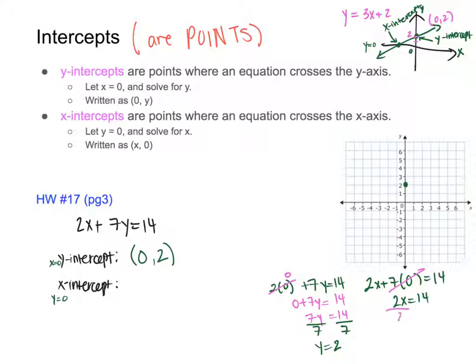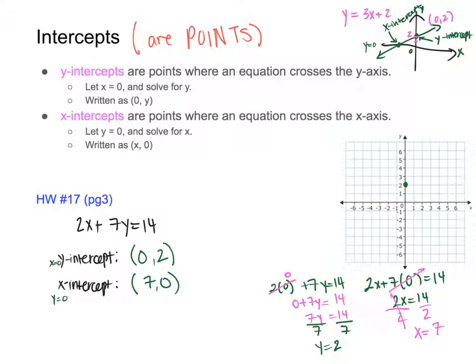And so I'm going to divide both sides by 2. So the 2's cancel out. So x is equal to 7. 14 divided by 2 gives me 7. And so our x-intercept here is going to be (7, 0) because we plugged in 0 for y.